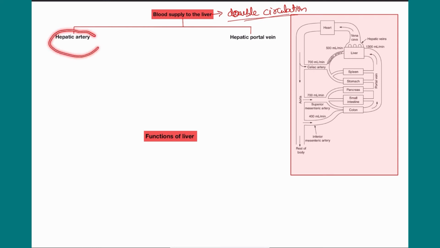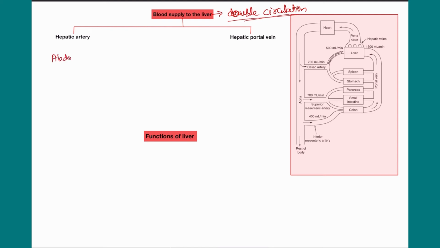You already know the hepatic artery is a branch of the abdominal aorta. If you don't know, I will try to explain, but you should check the complete chart about the abdominal aorta branches. Now I will make a small chart of the abdominal aorta so you will know about the hepatic artery.